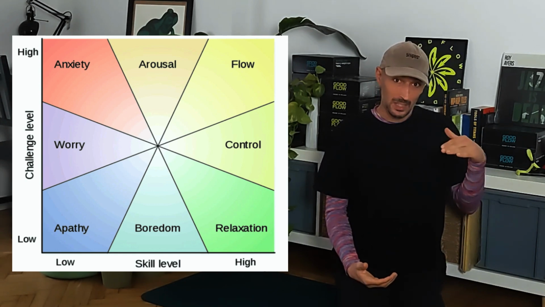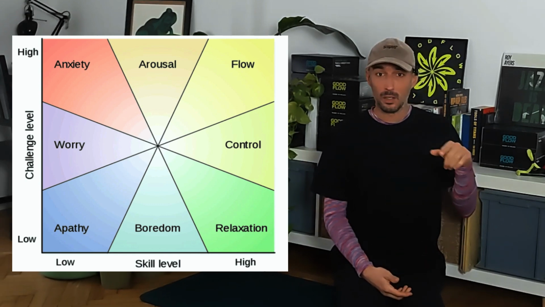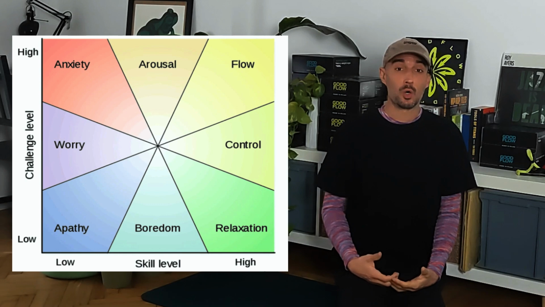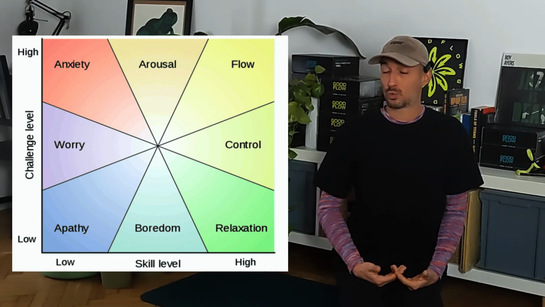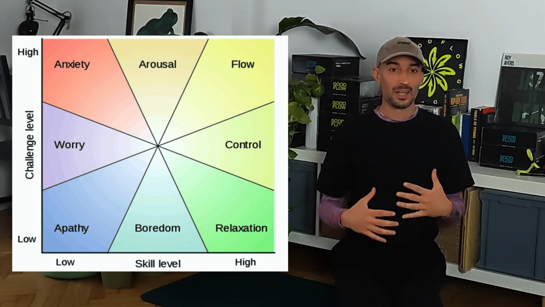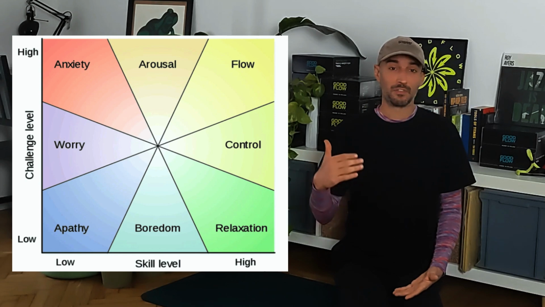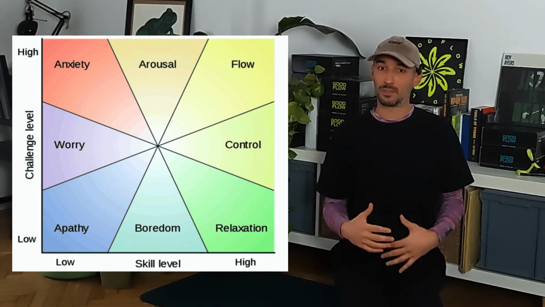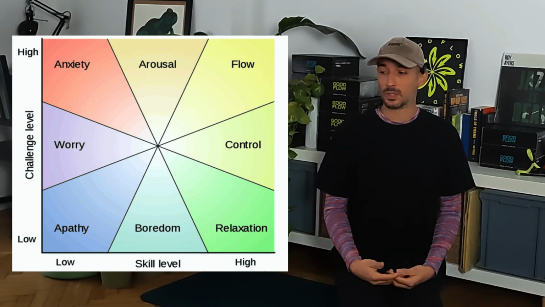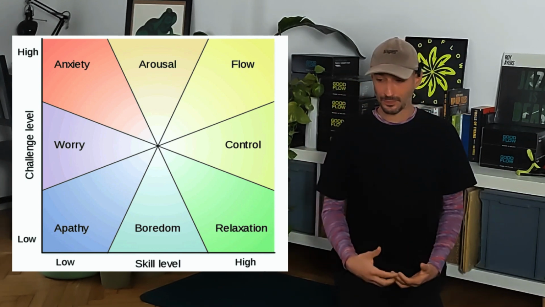If we still go on in the skill level bar, we can feel relaxed. We have an extreme knowledge about what we are doing, so we are in kind of full control, but still the challenge is very low. So we can just focus on what we are doing without being very focused on the challenge.